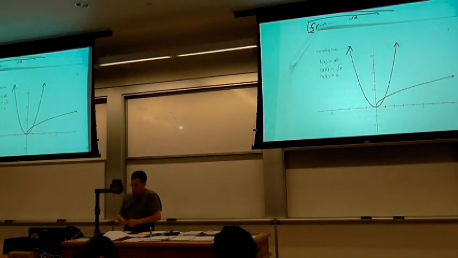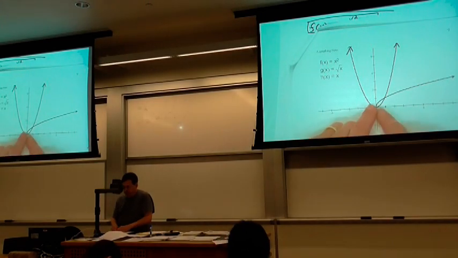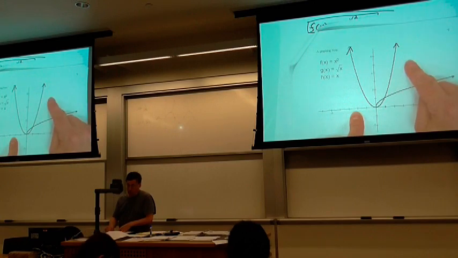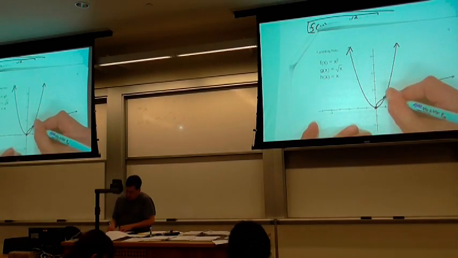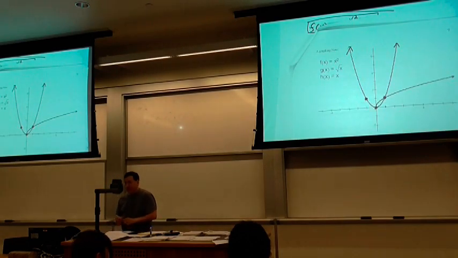And if I want to make that an inverse function, I have to be careful. See, 0 goes to 0, 1 goes to 1, minus 1 also goes to 1, right? Here's 0, here's 1, here's minus 1. They both go to 1.